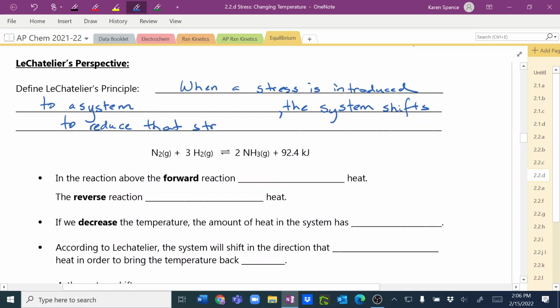Now, what's that big gap for? At equilibrium, yeah. Because if you're not at equilibrium yet and you introduce a stress, then life just gets too complicated.